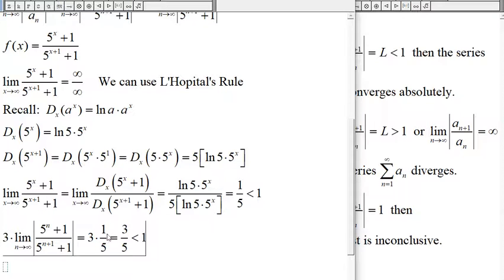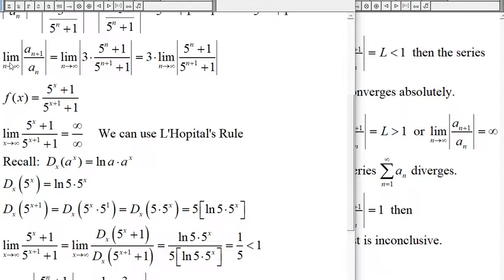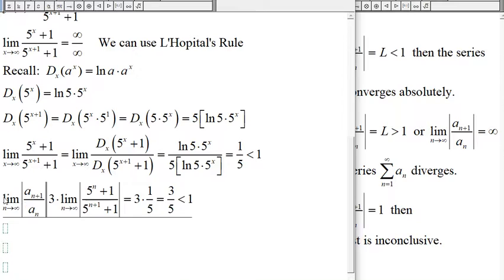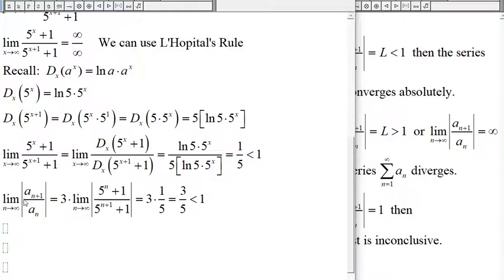And so here we found this limit right here, let's go ahead and copy this. The limit of the ratio a sub n plus 1 divided by a sub n is equal to 3/5, which is less than 1.